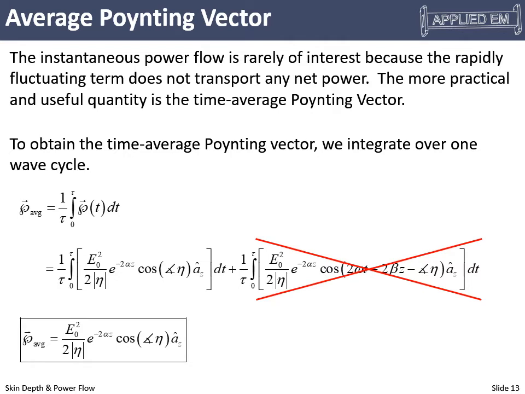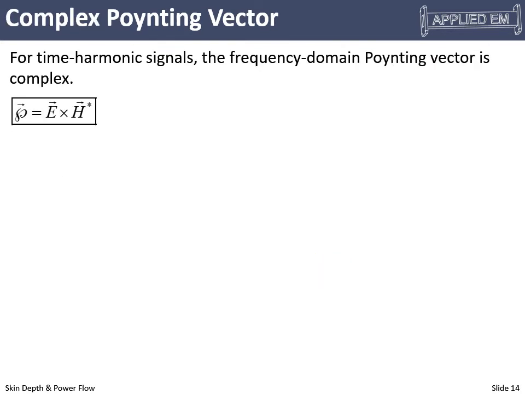After integration, all of this stuff is really a constant, comes to the outside, and we just end up with this one final expression for our average Poynting vector. And typically, in fact, I can never recall a time where I was ever interested in the instantaneous Poynting vector. It's maybe just on the path to this average Poynting vector.